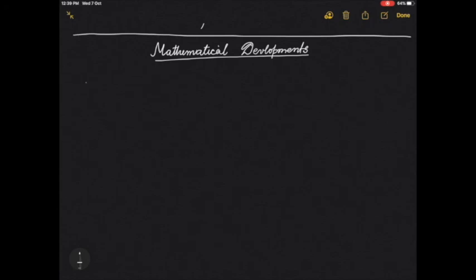So let me remind you of something that you know very well. It's called the divergence theorem. This is a result from vector analysis. What does it tell you?